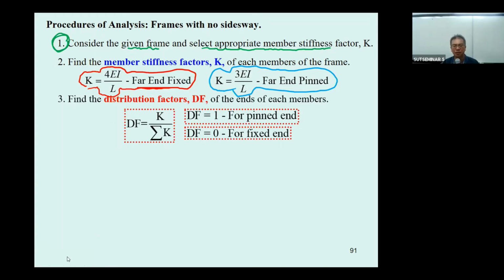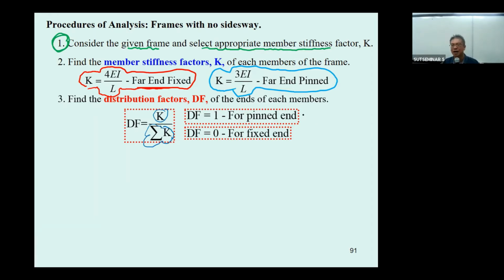That means if you compute the correct K, you will get the correct distribution factor, because it's going to be the stiffness of the member divided by the total stiffness of the joint.